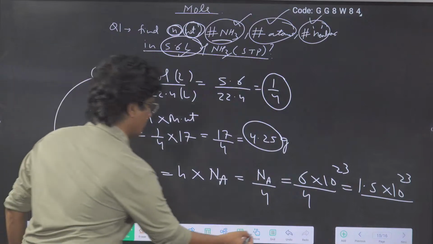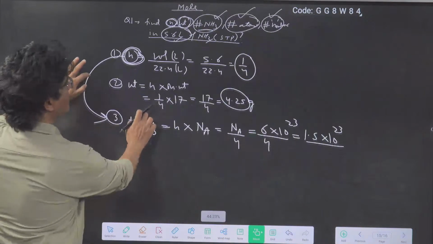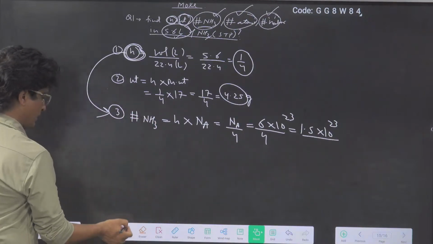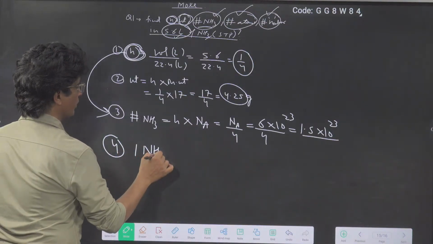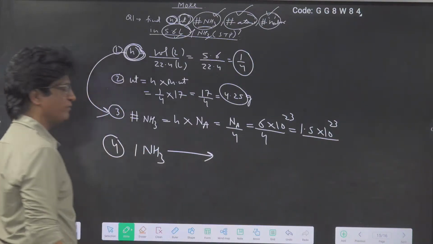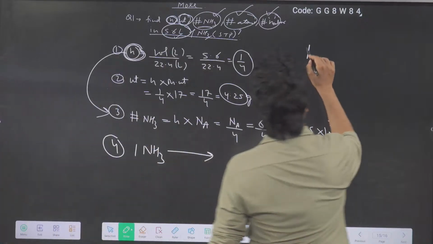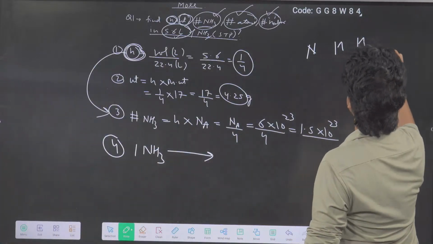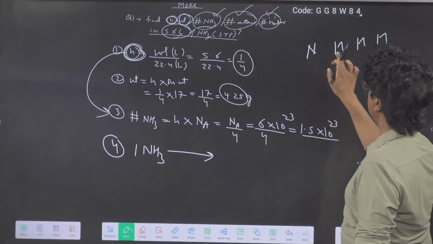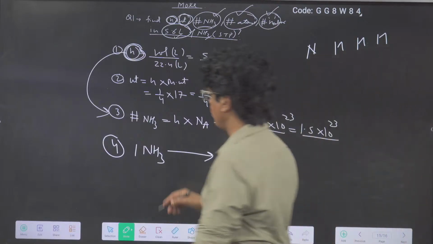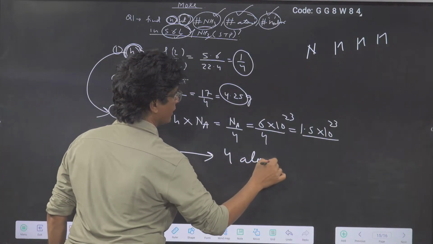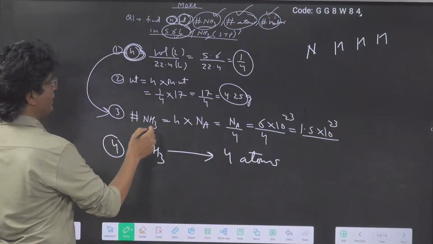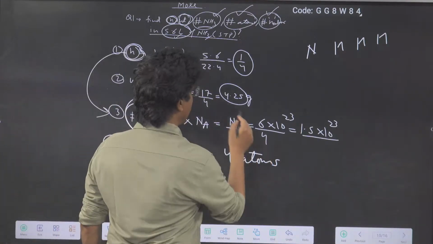Then next question coming up, that is number of atoms, the fourth one. See, in one ammonia molecule, how many atoms do we have? 1 nitrogen and 3 hydrogen: 1, 2, 3 and 4. So total 4 atoms are there in one ammonia molecule. Now, how many molecules of ammonia are there overall? Na/4.